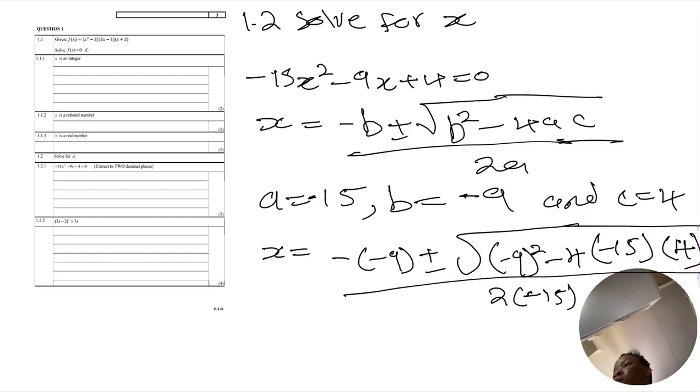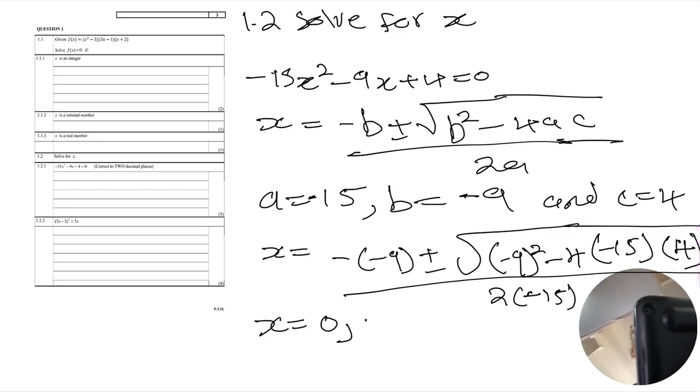Then when you hit that on the calculator, you will find x is equal to 0,90, or x is equal to 0,30.